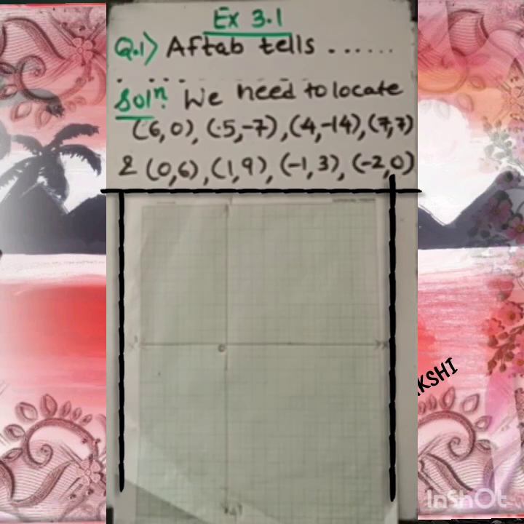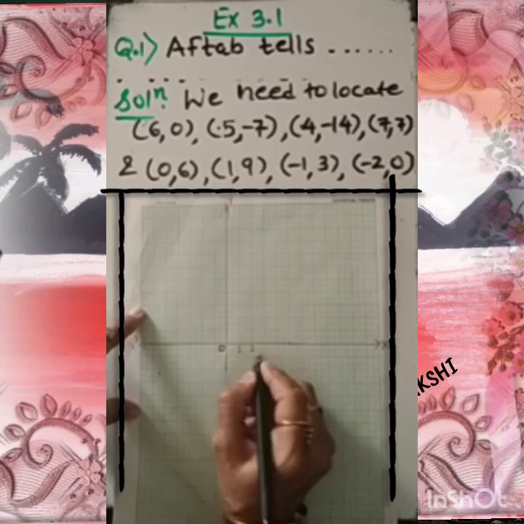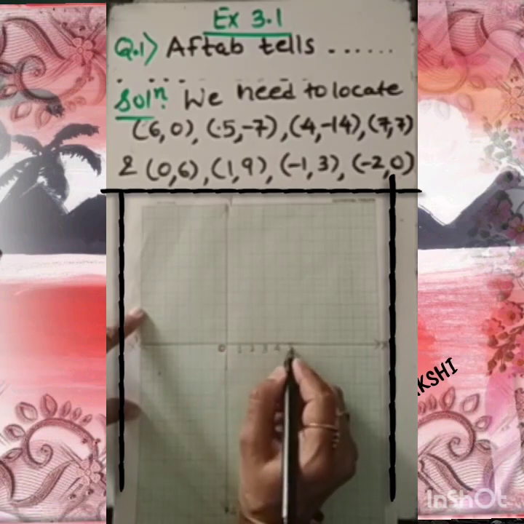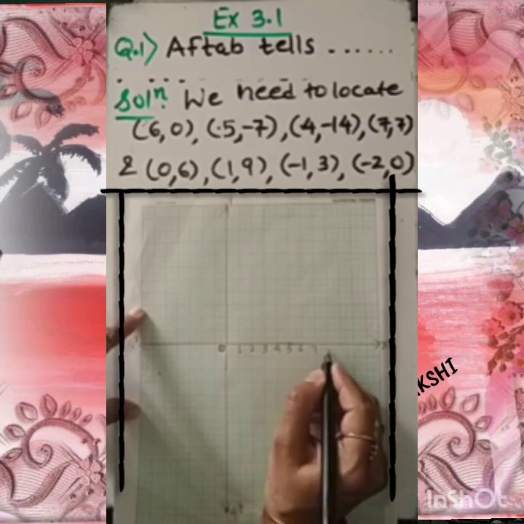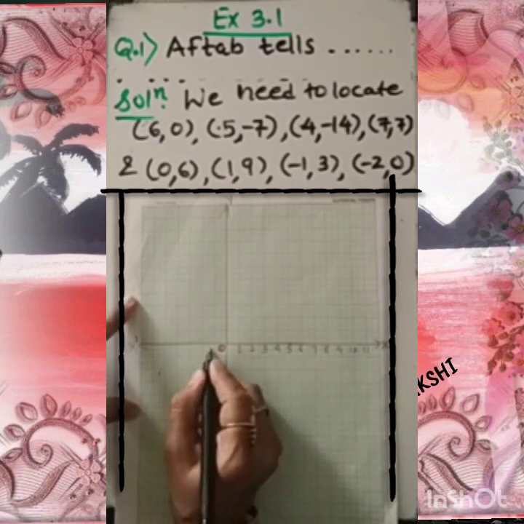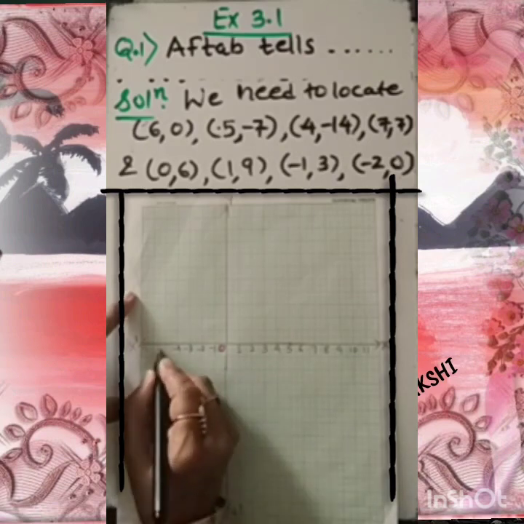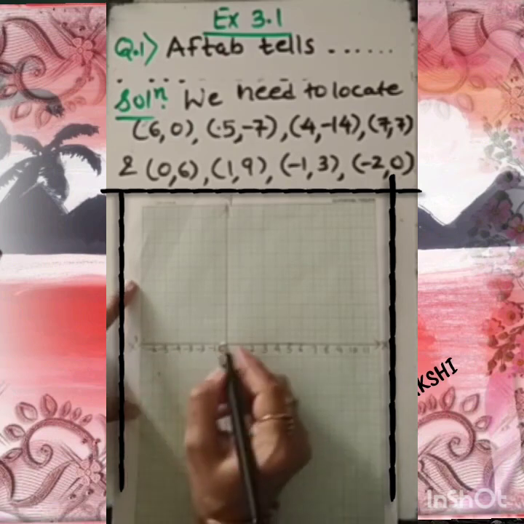Now let's note down all the points first on this graph paper. Fine. So which points are there? You can see. Let's give the numbering. That is 1, 2, 3, 4 according to that. So I am giving here: 1, 2, 3, 4, 5, 6, 7, 8, 9, 10, 11. This side it is -1, -2, -3, -4, -5, -6.